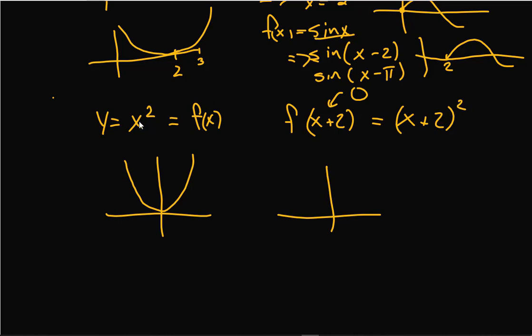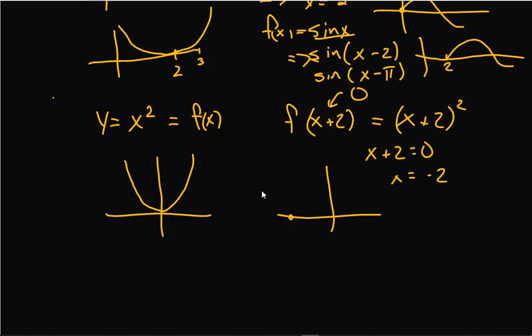This is the squaring function, but we've just changed the argument, so we still want the argument to be 0. When x plus 2 equals 0, that means x equals minus 2. So the lowest point is there.